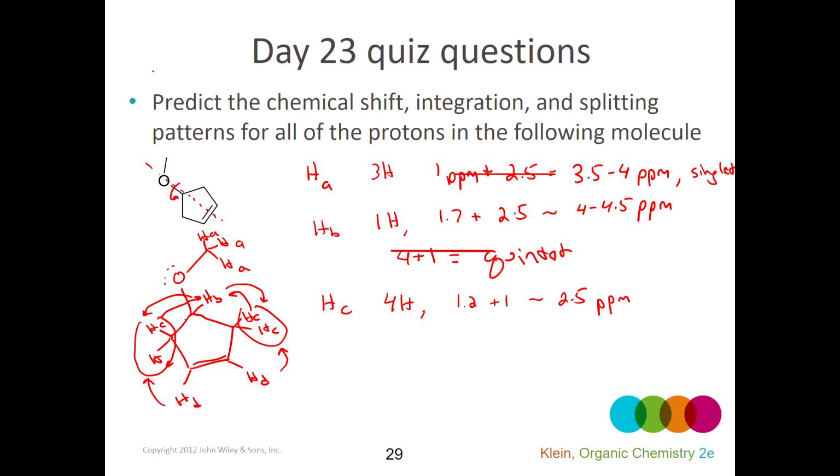If they do so with the same coupling constant, then the two doublets are going to overlap. I would add them together and produce a triplet. So I might see a triplet, or if they split with very different coupling constants, one would give me a very small coupling constant, but the other would give me a very large coupling constant, so I would see a doublet of doublets.